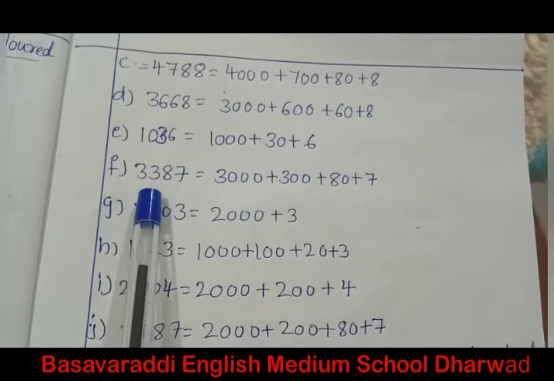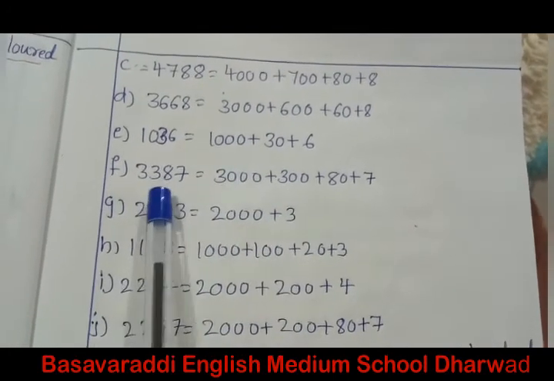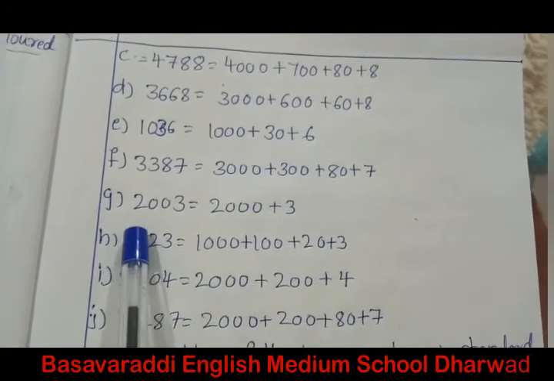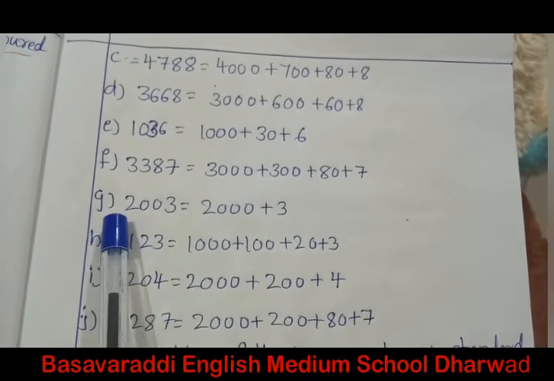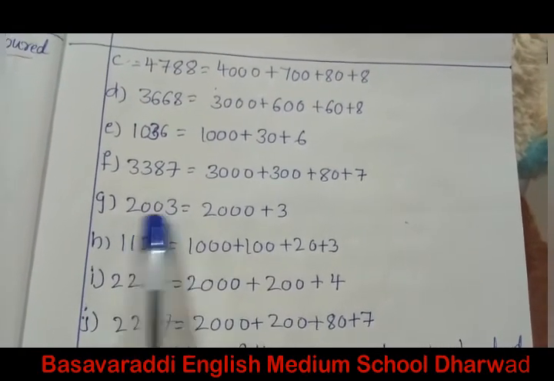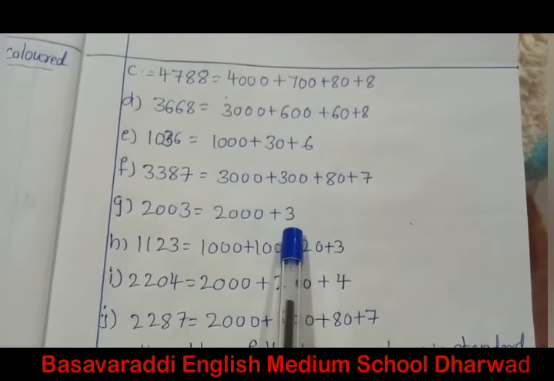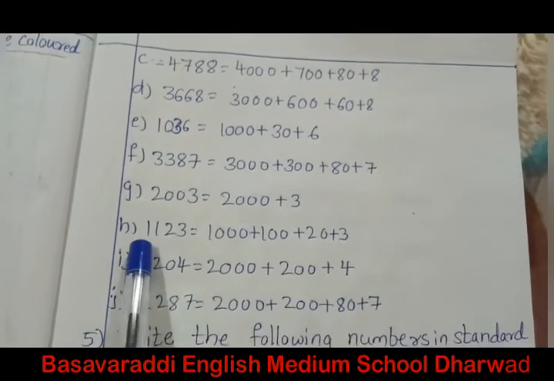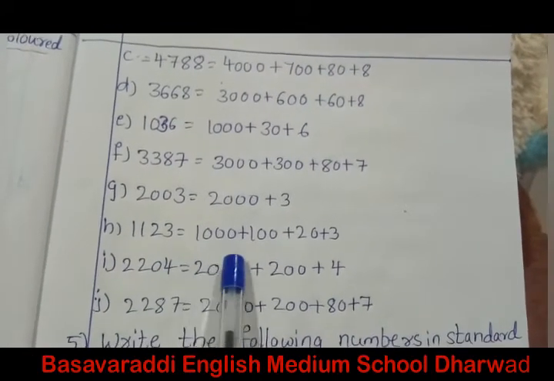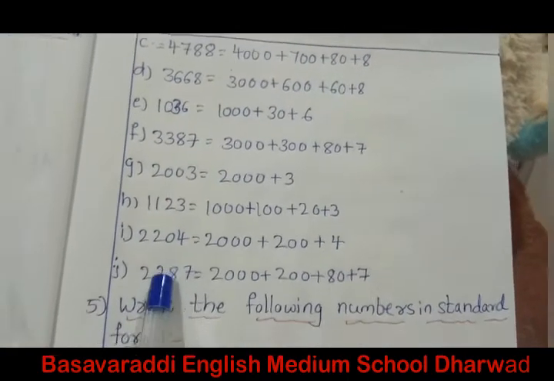F1 3387, 3000 plus 380 plus 7, 2003. See here 2000 is there, the 100 place is nothing, that is 0, so we are skipping, and the tens place also you are skipping, and plus 1. Then 1123, 1000 plus 100 plus 20 plus 3.